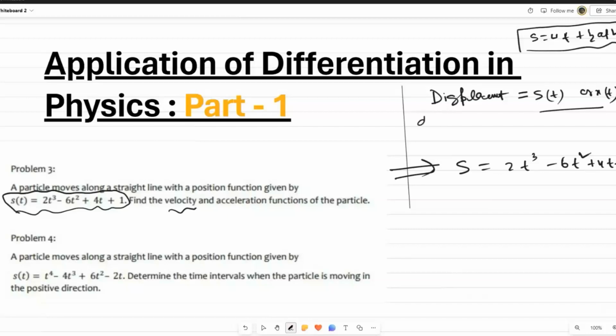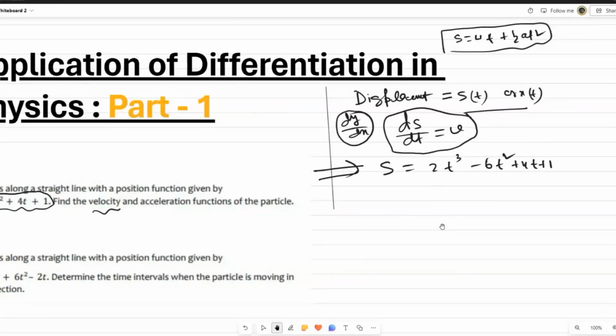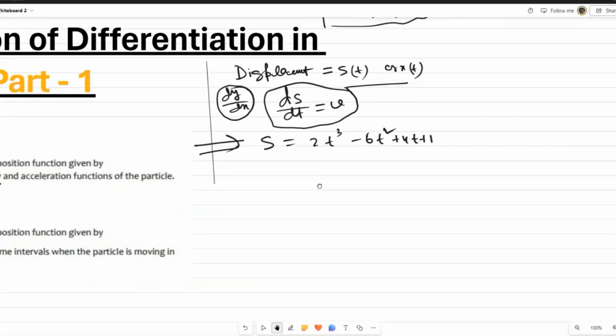If I remember this definition, dy by dx is the rate of change of y with respect to x. And when I'm telling you velocity is not uniform, you have to use the instantaneous one. That is ds by dt. This symbol stands for velocity in our calculation. So as long as you study physics, it is there. The ds by dt stands for velocity.